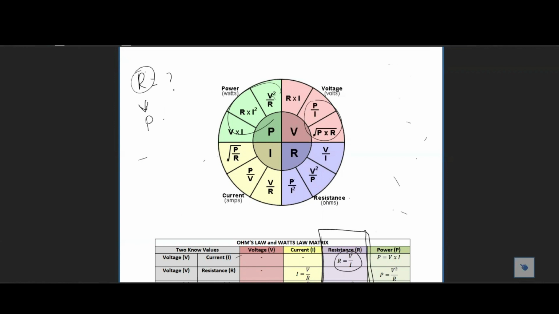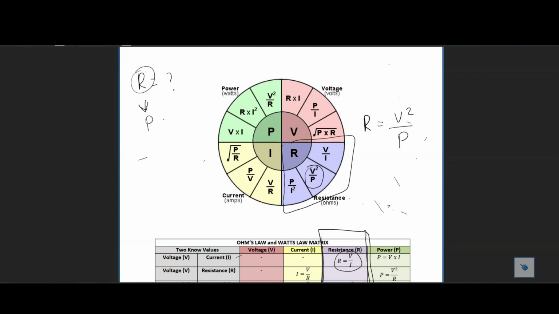We're trying to find the resistance, so we know that our relevant equations related to resistance are right here. We just find the one that uses V and P, which is this one. To calculate resistance, given the values that we have, R will equal V squared over P. That's the formula that we need to use.